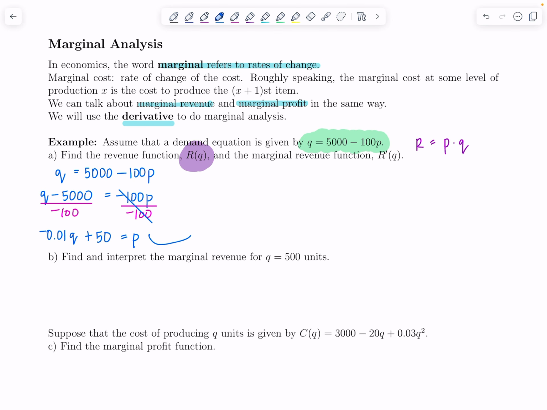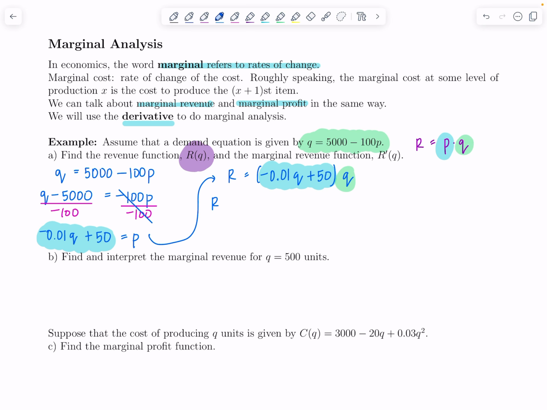So then finally, I can say R equals, instead of P, I'm going to write all of this stuff. That's negative 0.01Q plus 50, times Q. So what just happened? P is equal to negative 0.01Q plus 50, and I still have this Q over here.